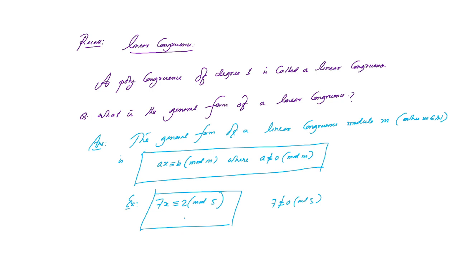Now the question is how do we solve a linear congruence? How do we see the number of solutions of a linear congruence, whether it has a unique solution or not, and how to solve a linear congruence. So there is a theorem.